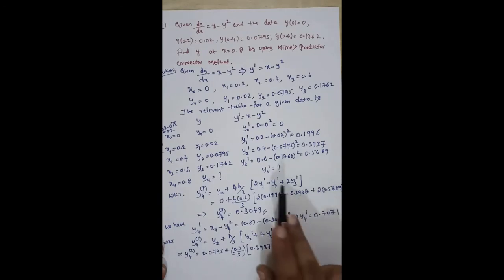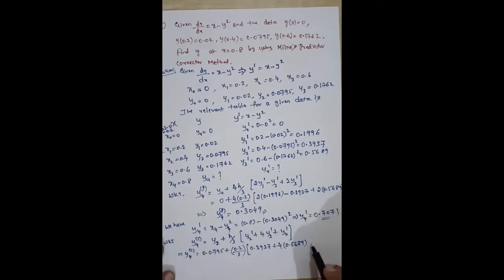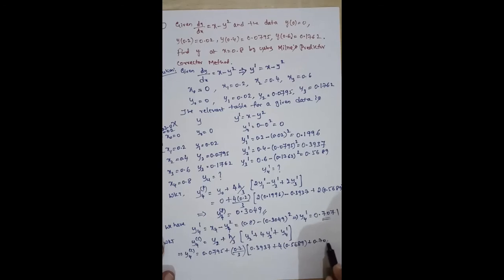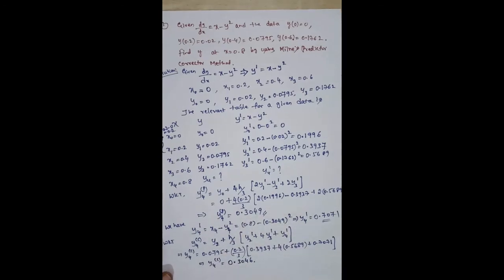See, y4 dash we cannot get from the table, but already we have calculated, right? So it is plus 0.7071. So substitute and calculate, you get y4 power c. So if you calculate this, it comes around 0.3046. So this is the corrected value for y4.